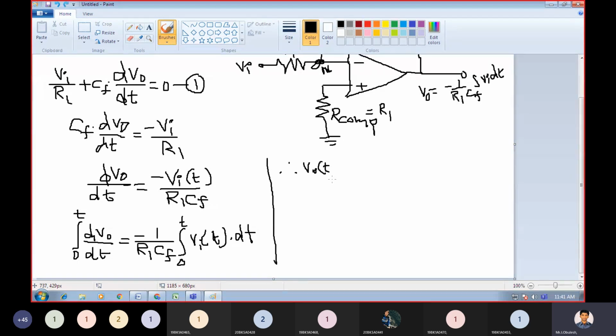V0 of t is equal to minus 1 by R1 CF integral from 0 to t of Vi of t dt plus V0 of 0.